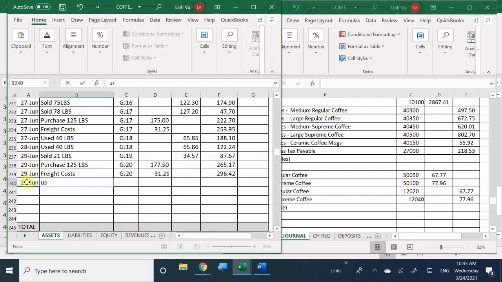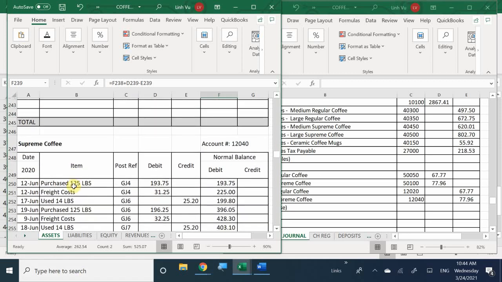We used 40.75 pounds. 21. We used 67 and 70 cents worth of regular coffee. So how much do we have left? 228.65. Is that what we calculated in our inventory worksheet? It should be. Yep. Okay.